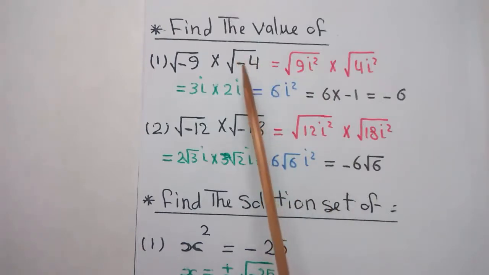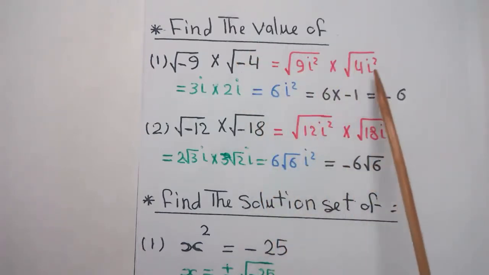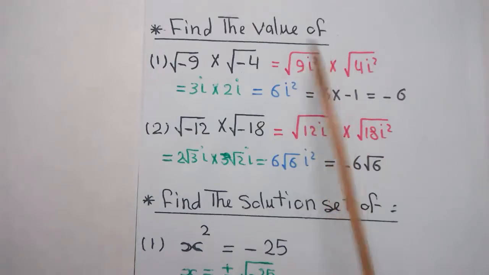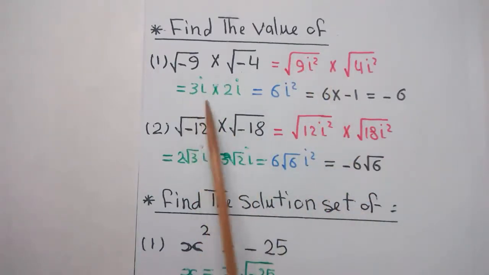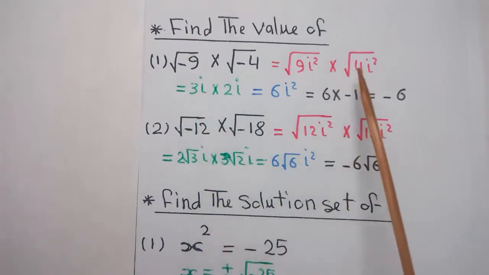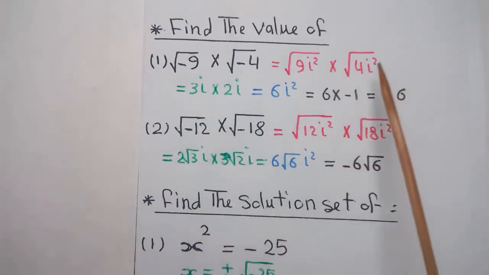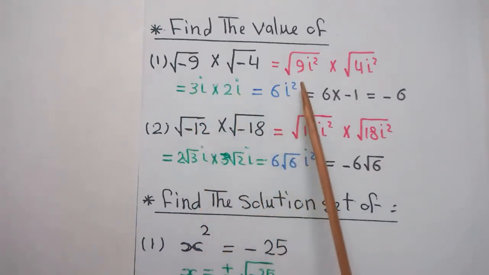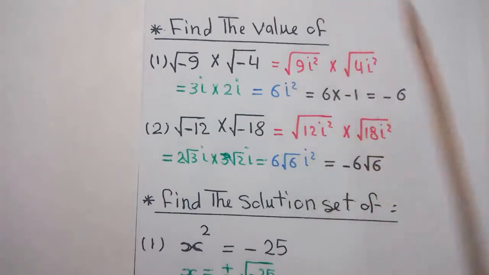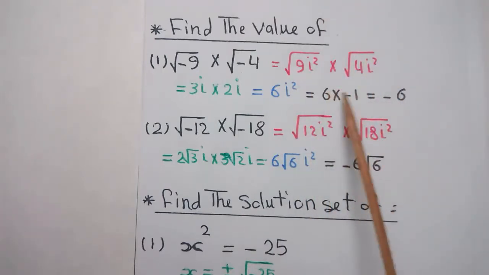Negative 4 will be changed to 4i power 2. Root 9i power 2 equals 3i. Root 4i power 2 equals 2i. 3i times 2i equals 6i power 2. i power 2 equals negative 1, so 6 times negative 1 equals negative 6.